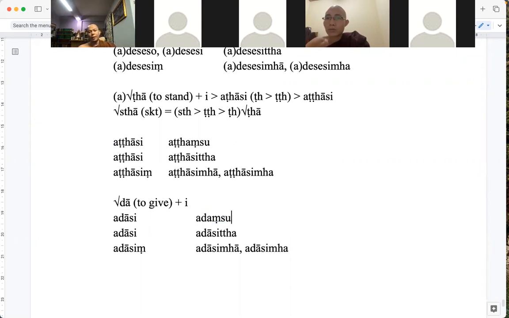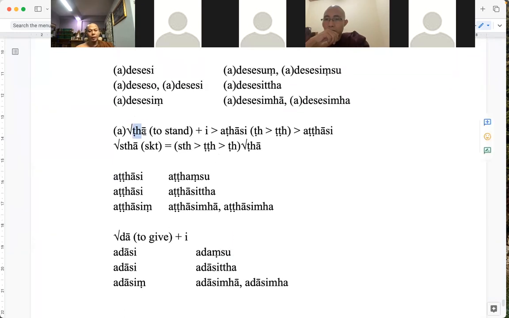So adasi, adamsu, adasi, adaseta, adasema in this way. So now you see root ta ending in a, and root da ending in a. So we form the irregular past tense.